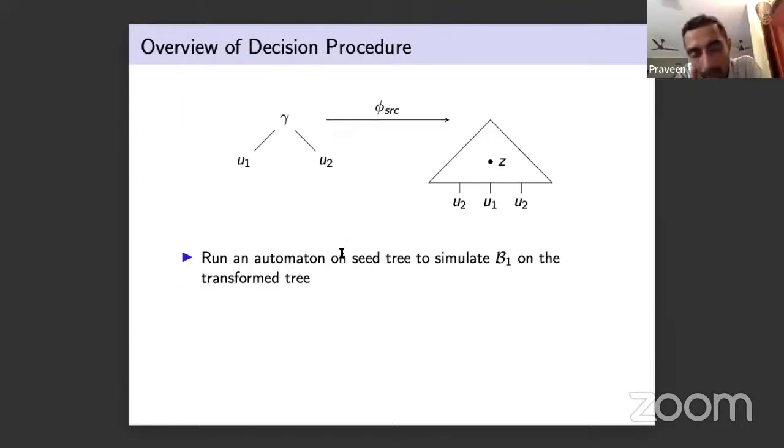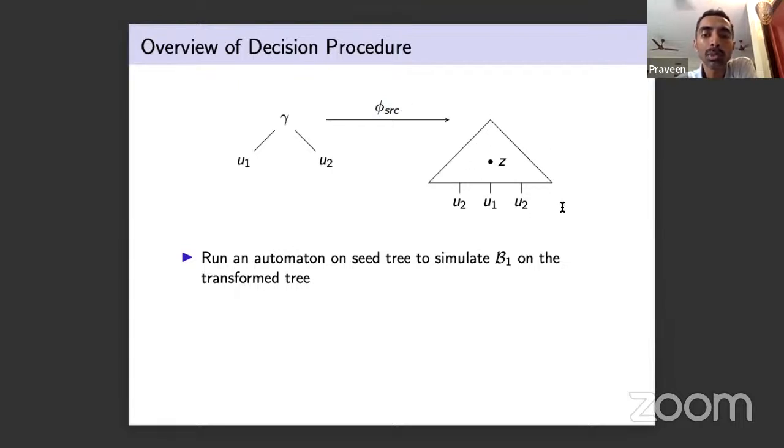Okay. So now let me try to give an overview of how we prove the decidability of the type checking problem. So here in the diagram on the left hand side, we have the seed tree rooted at gamma, and it has two children, U1 and U2. And suppose you apply the homomorphism phi source, and this is what you get.